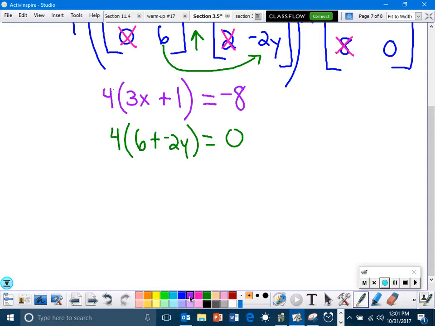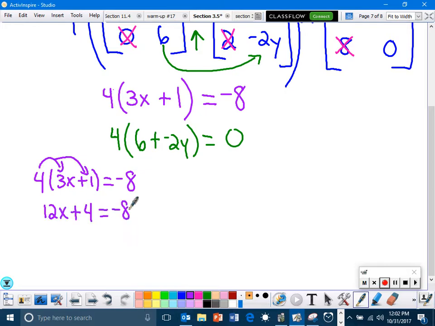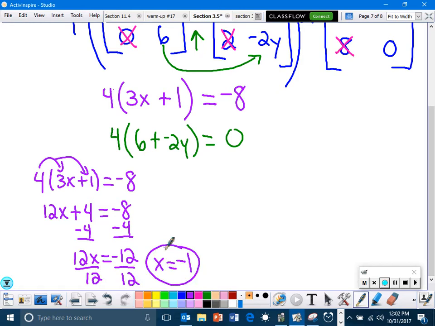All right, let me start with 4 times 3x plus 1 equals -8. Okay, I'm just going to solve it without talking. You should be able to solve these pretty easily. Here we go. So the first one we solved for x.